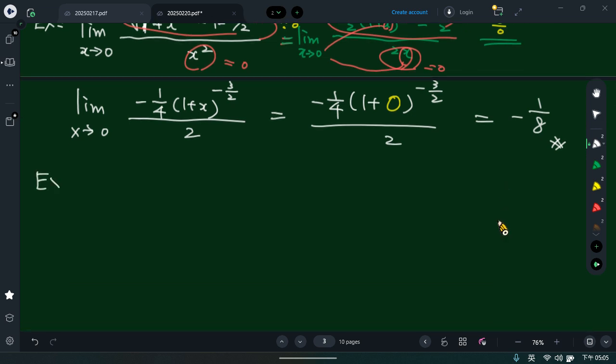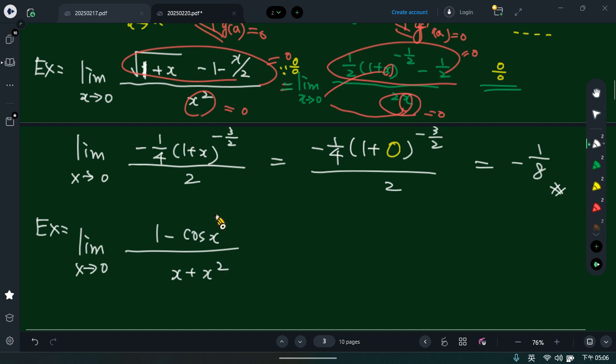Okay, let me show you another example. So here, when x is equal to 0, 1 minus cosine x over x plus x squared. So you can see in the past, if you encounter a polynomial function, you can just factorize it.